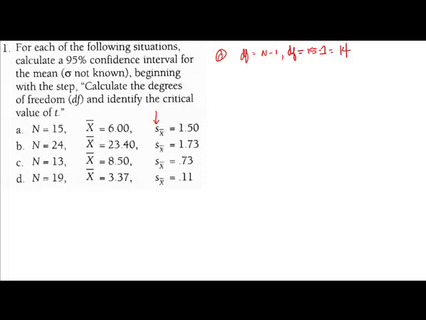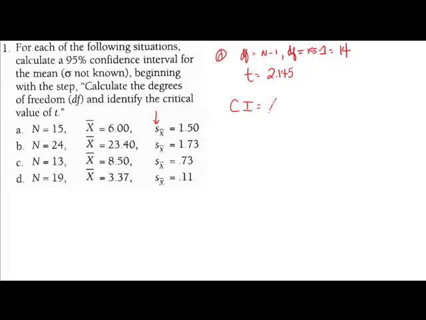So for 95% confidence, I'm going to use the column that has 0.025 in the tails, because I've got two tails. And for 14 degrees of freedom, the critical value is t equals 2.145.